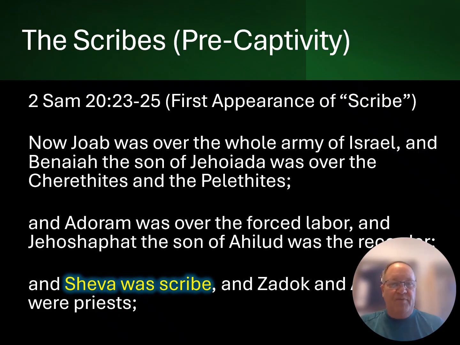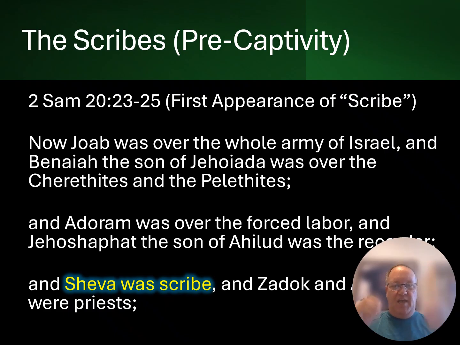His staff. Now, Joab was over the whole army of Israel, and Benaiah, the son of Jehoiada, was over the Kerethites and the Pelethites, and Adoram was over the forced labor, and Jehoshaphat, the son of Heled, was the recorder, and Sheva was scribe.